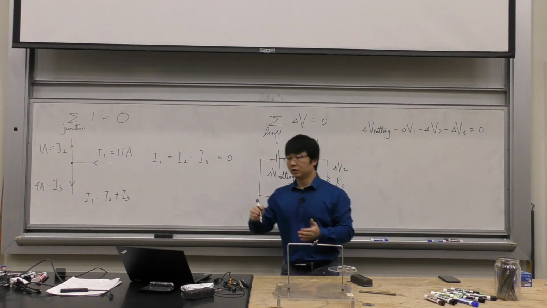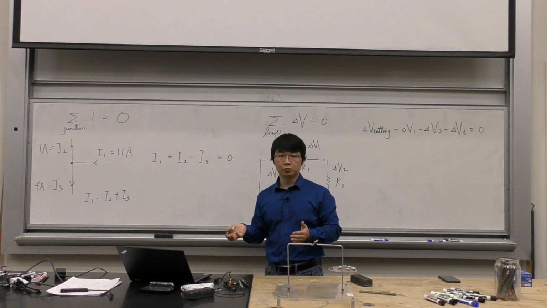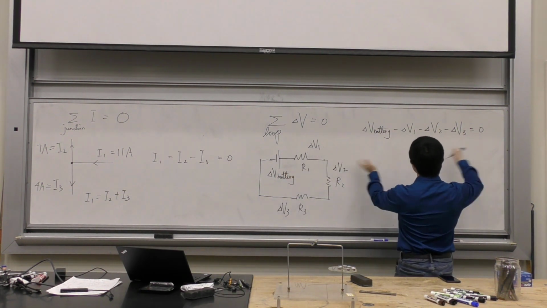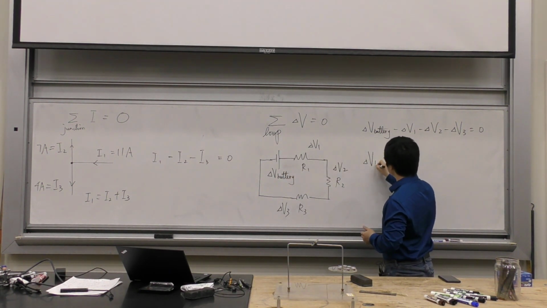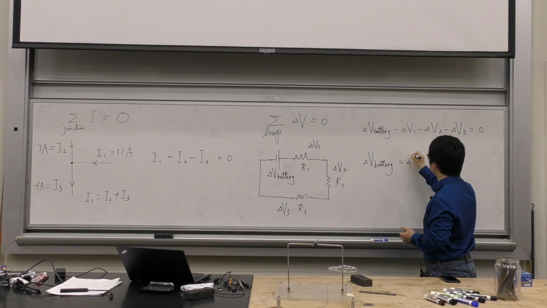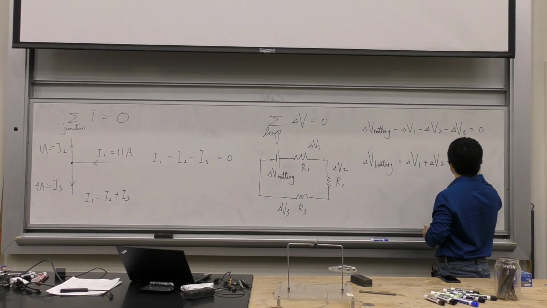You just write the sum of every voltage around a closed loop, and you set the sum equal to 0. And if you rearrange this equation, what do you get? You put all these three V's to the right, and you get the voltage from the battery equals V1 plus V2 plus V3.